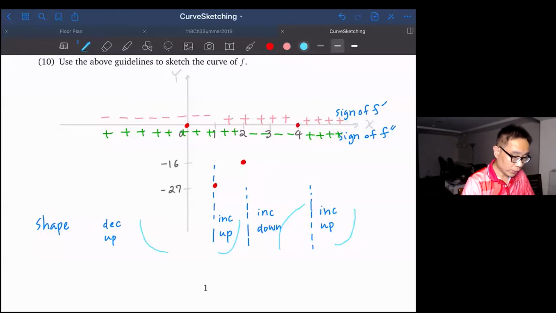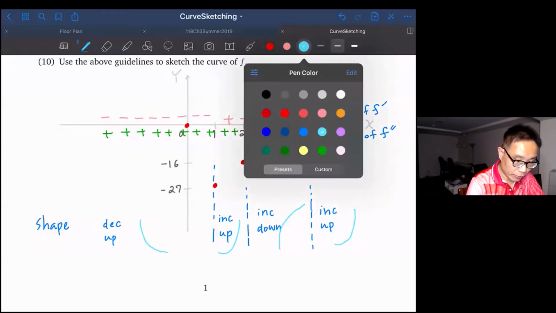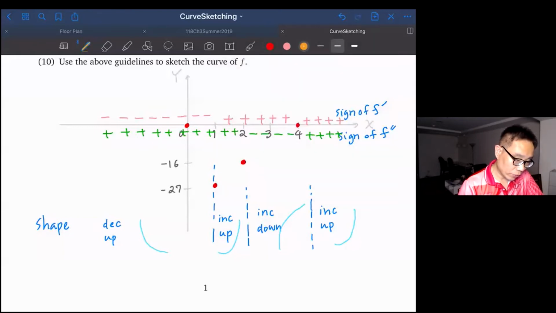So for this one, I'm gonna graph this guy. So you see that it's gonna be decreasing concave up. So you're gonna graph this one like this. Okay, so in this interval it's gonna be this shape. And then you have increasing concave up. So it's gonna be like this.